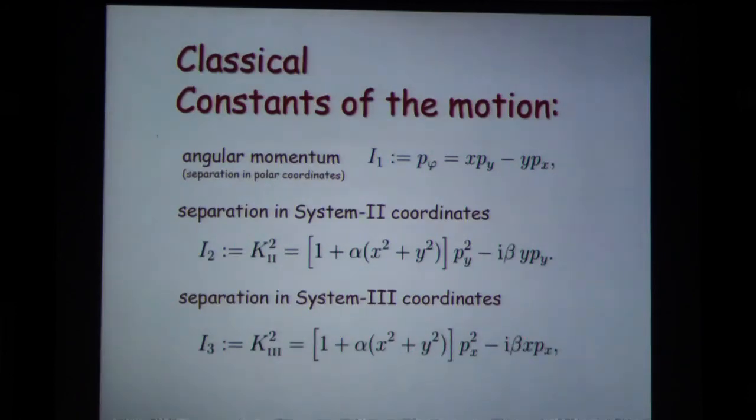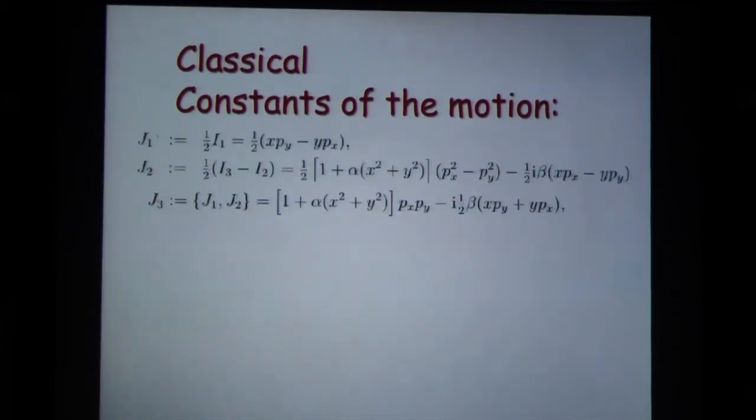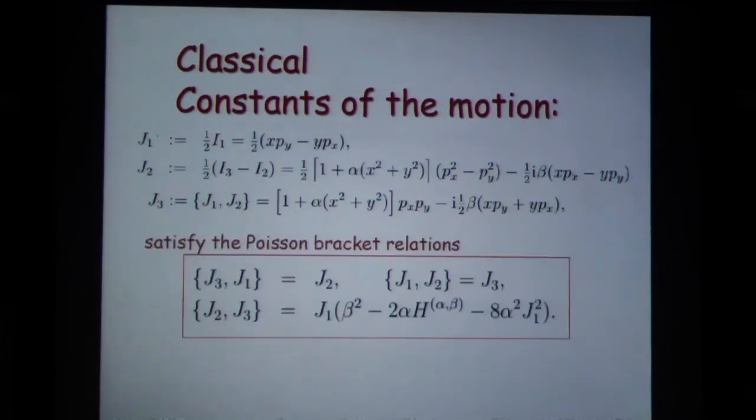So out of these, we can produce functionally independent ones from the previous constants I1, I2. This is J1, J2. J3 is a Poisson bracket between J1 and J2. And this provides us a third linearly independent constant of the motion. So we have three independent constants of the motion, which is maximal for a system in 2 dimensions.